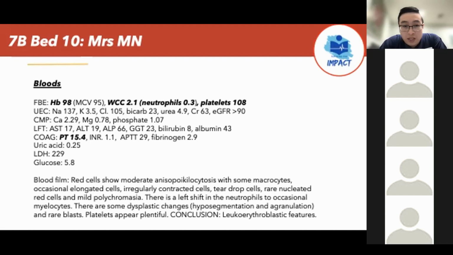Causes include bone marrow infiltration, so you can see it in things like primary myelofibrosis. You can see it in severe infection, such as septicemia, or a marked marrow response secondary to severe trauma, shock, or recovery from bone marrow suppression.